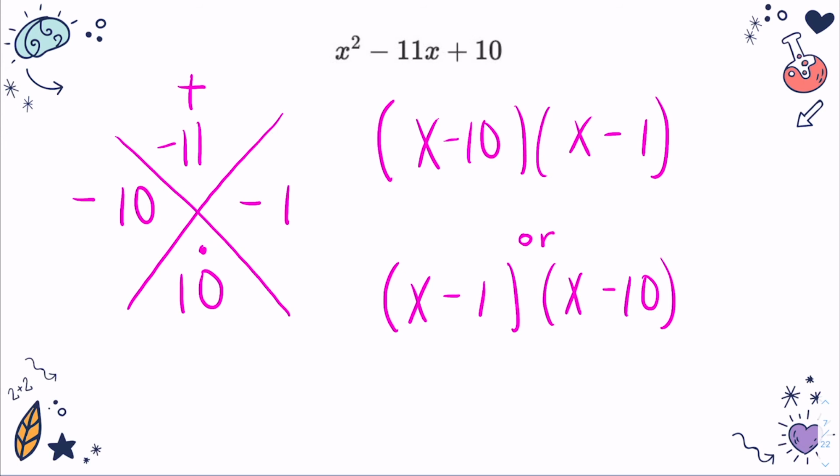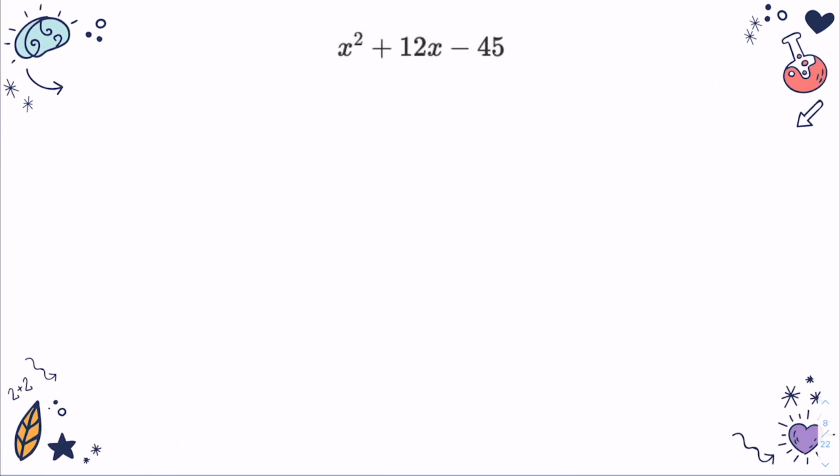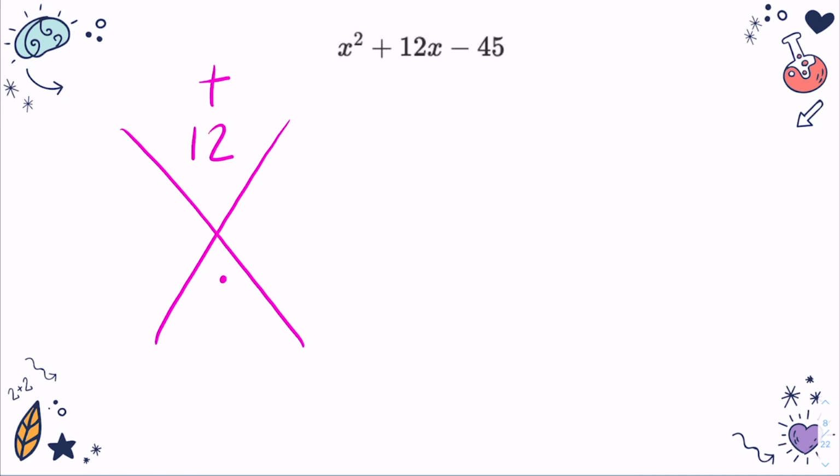All right, try this next one. Take time to pause the video and try this on your own. So here we have a trinomial where a equals 1. So we're trying to find two numbers that add to give us 12 and multiply to give us negative 45. Since we have a negative product and a positive sum, when looking at our factor pairs, we know that the larger number will take on that positive sign and our smaller number will be negative.